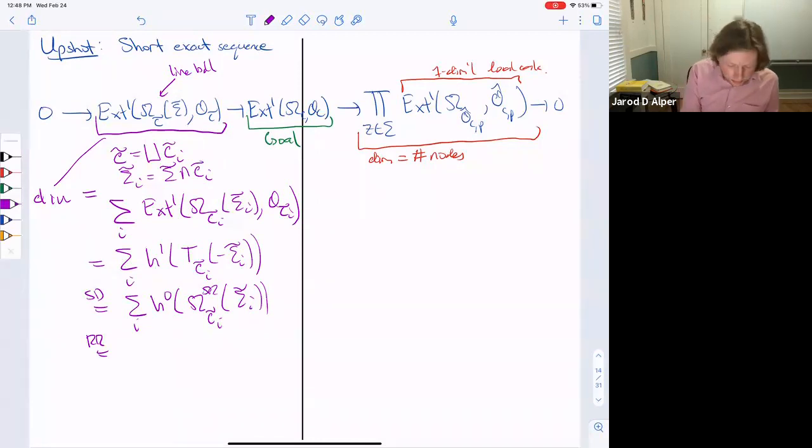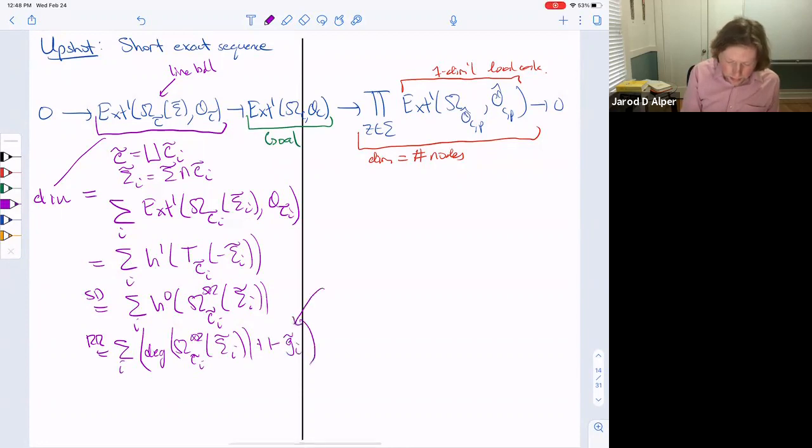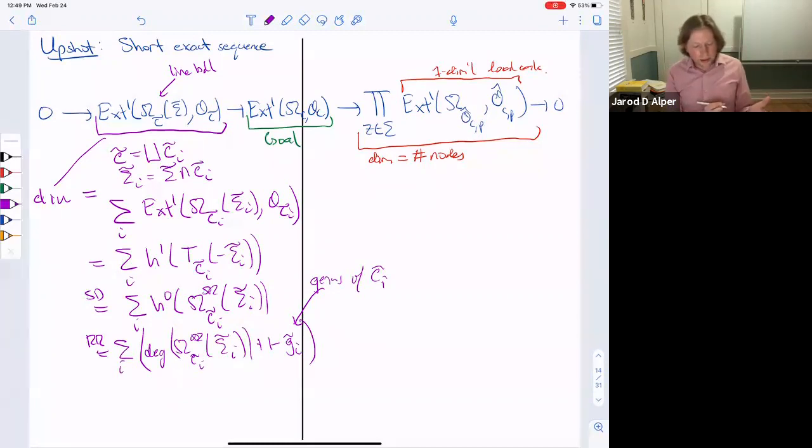So Riemann-Roch tells me that this is just the sum over I of the degree of omega C tilde I tensor 2 shifted by the degree of this, so everything in parentheses, plus 1 minus the genus. I'll write this genus as G I; this here is the genus of C tilde I. And the degree of the relative sheaf of differentials is 2 times the genus minus 2.